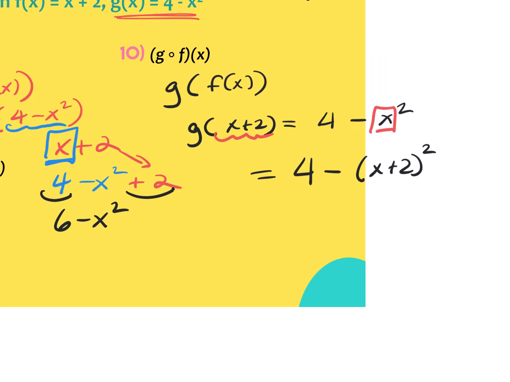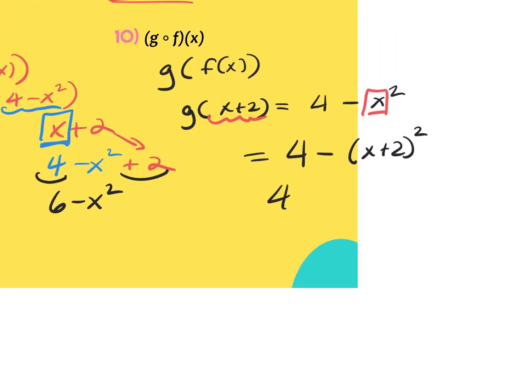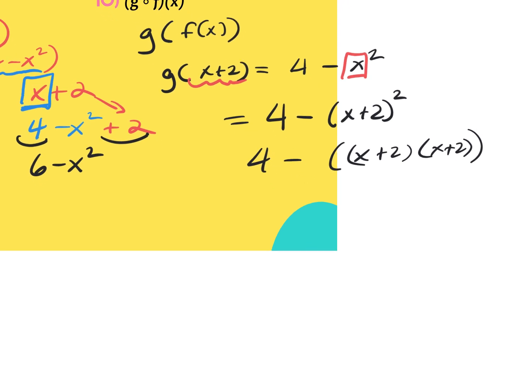So really what I need to do here is this is going to become 4 minus, and then in here I'm doing x plus 2 times x plus 2. So I'm going to FOIL that or distribute it. So 4 minus, and then I get x squared plus 2x plus 2x plus 4.